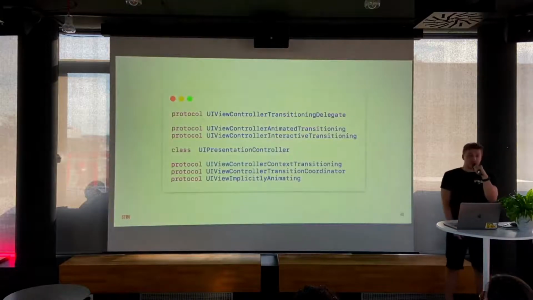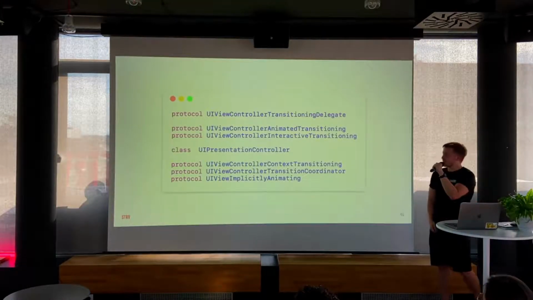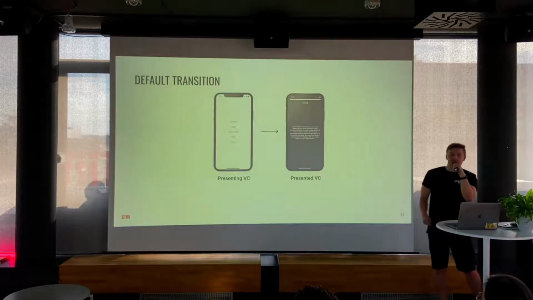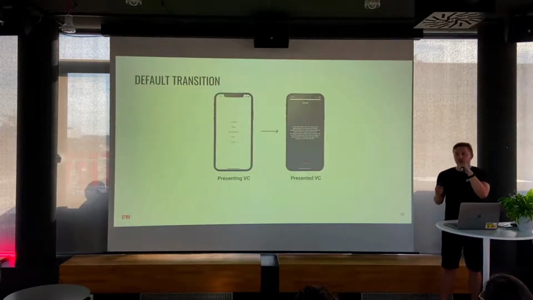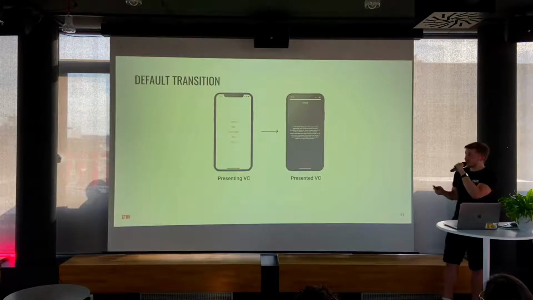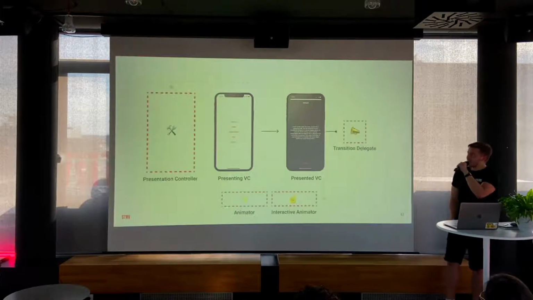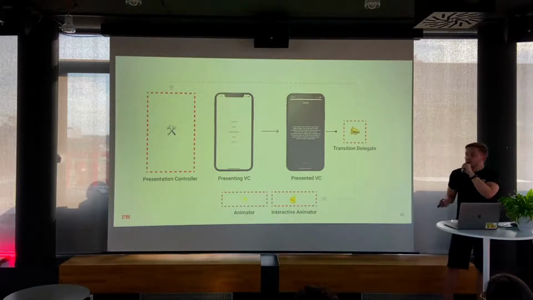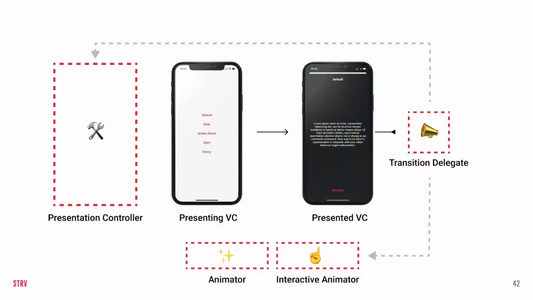And Apple is right. It really takes many protocols and classes. But these objects are needed even for the default presentations or transitions. But we just don't know that because UIKit is providing all these objects under the hood.